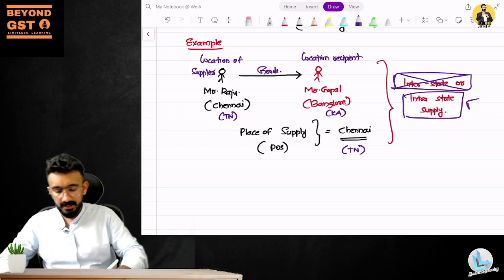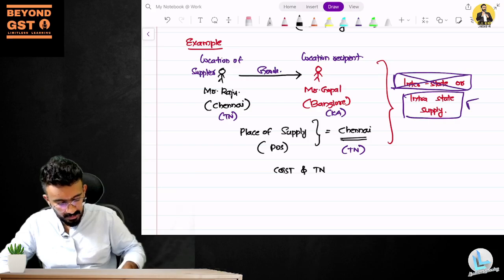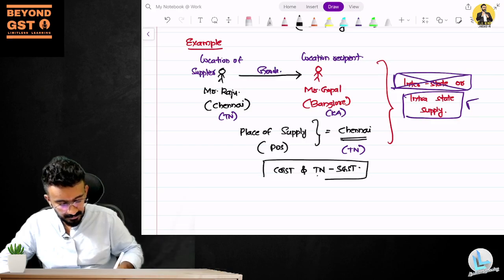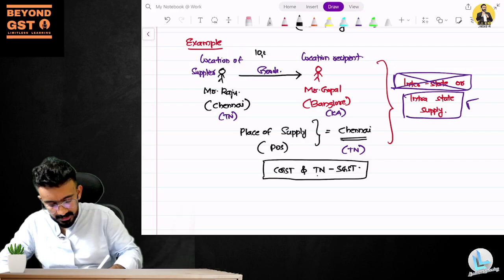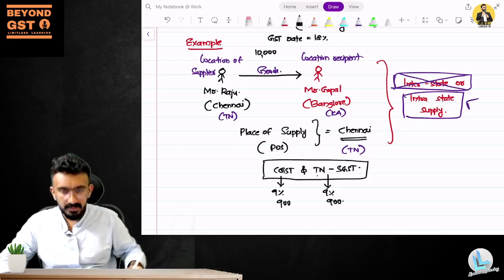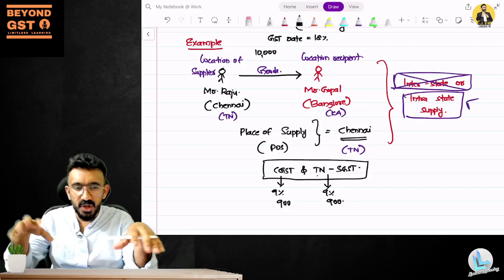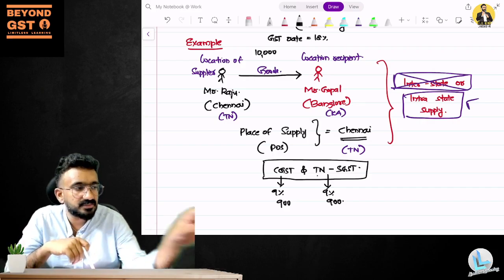So what will be applicable on this? CGST and Tamil Nadu SGST would be applicable on this bill. Suppose this goods is worth 10,000, GST rate happened to be 18%. So the bill will have CGST 9%, SGST 9%, which is 900, 900. Are you understanding the difference of concept between the earlier thought process and because place of supply being part of your syllabus?